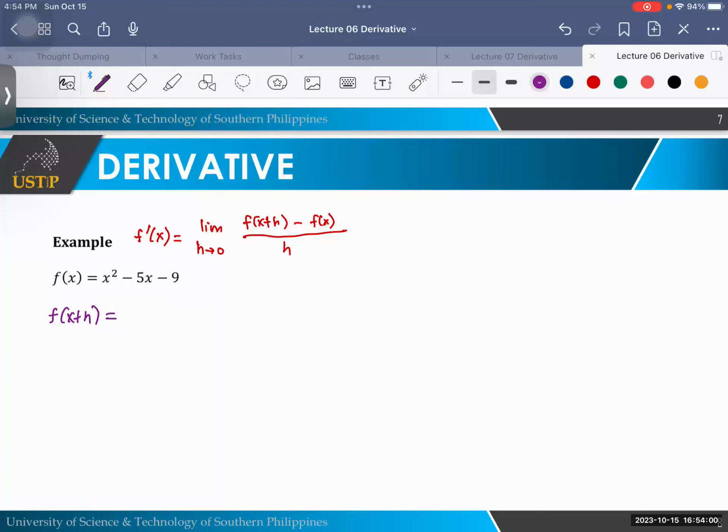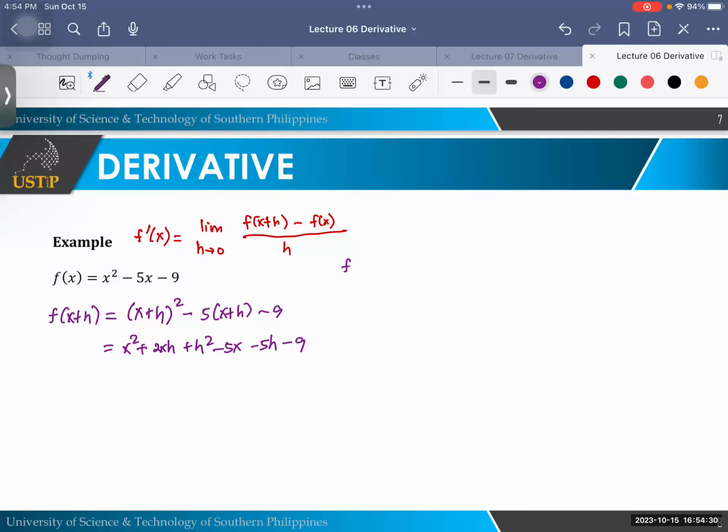So again, replace all x with x plus h: x plus h squared minus 5 times x plus h minus 9. So x squared plus 2xh plus h squared minus 5x minus 5h minus 9. So this is now your f of x plus h.